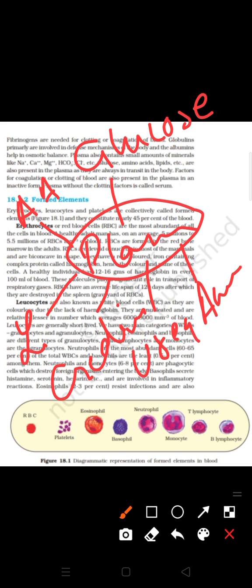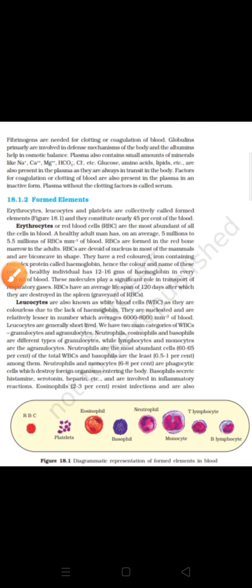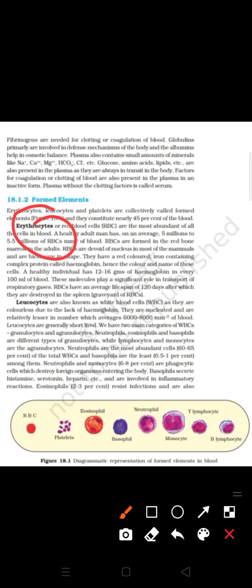It is present in our blood and constitutes at least 55 to 60% of our blood. Now the next thing is blood cells. Blood cells, you know very well, are of three types. First is RBC, also known as erythrocytes. Second is WBC, known as leukocytes.